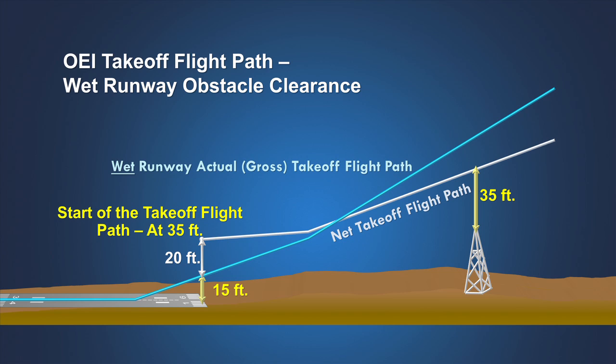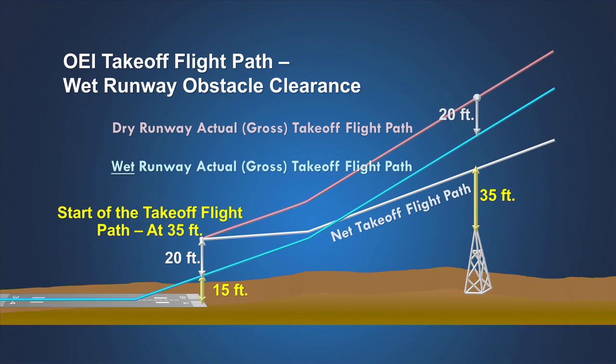Because the airplane is allowed to be at a height of 15 feet above the runway surface at the end of the one-engine inoperative takeoff distance for a wet runway, the airplane can be 20 feet closer vertically to the obstacle after taking off from a wet runway compared to taking off from a dry runway. Of course, if there is no engine failure during takeoff, there is no difference in the flight path of the airplane taking off from a wet runway compared to taking off from a dry runway.